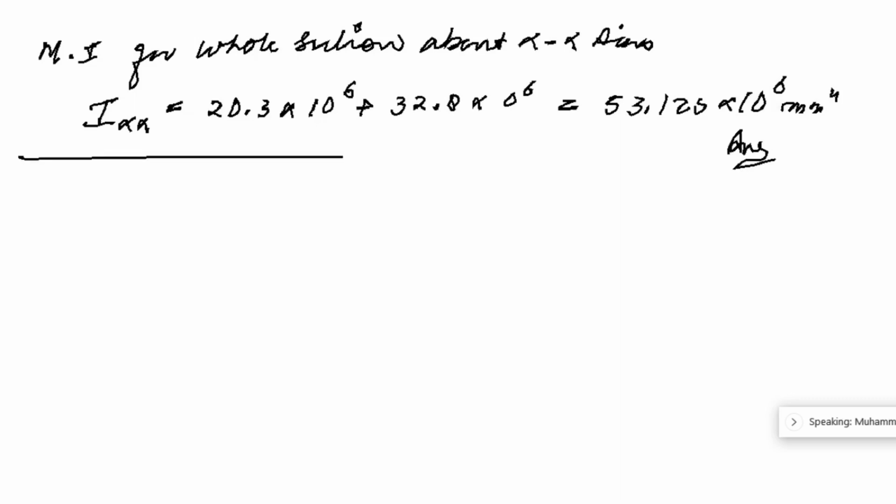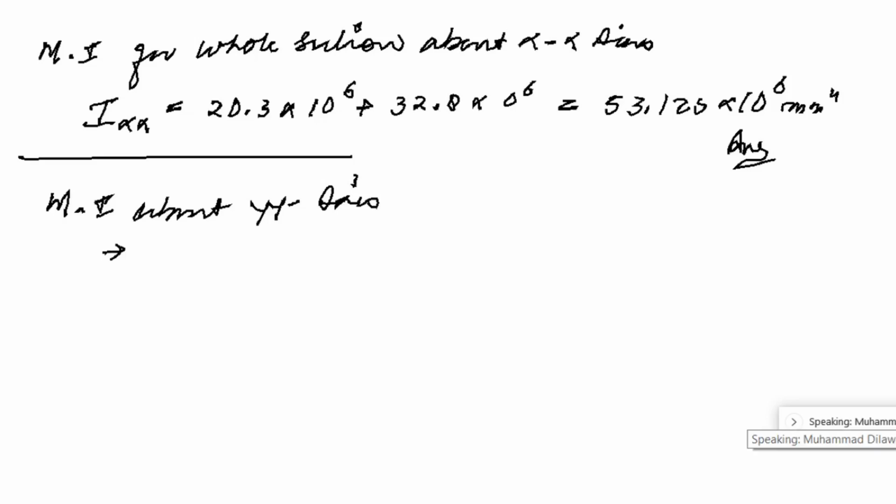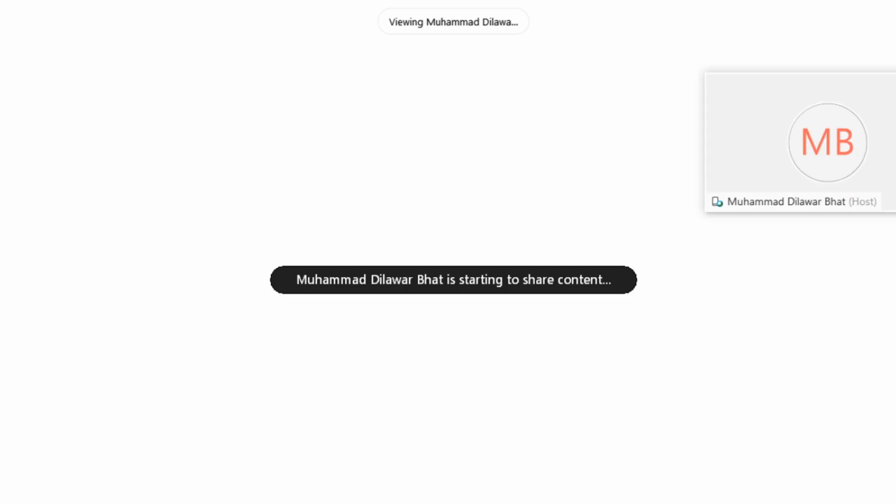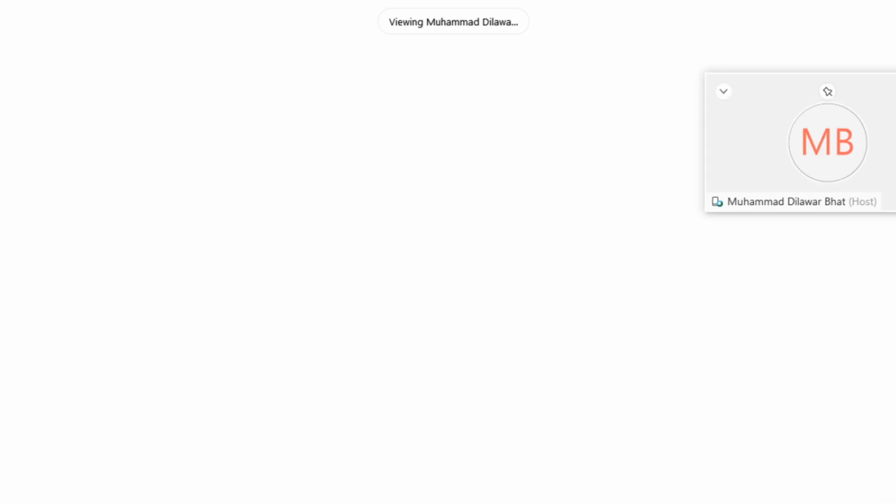Now, when we have to calculate the moment of inertia about y-axis, as you already know, this T section was symmetrical about y-axis, right?